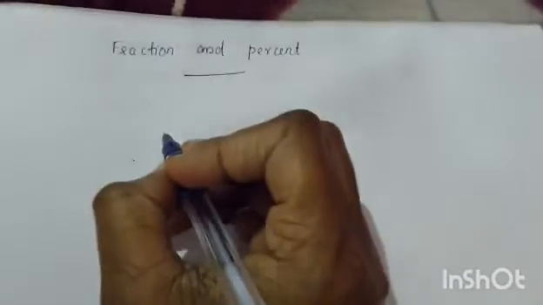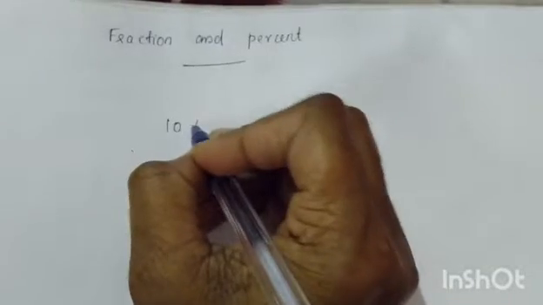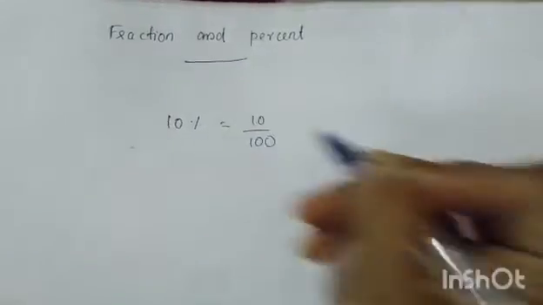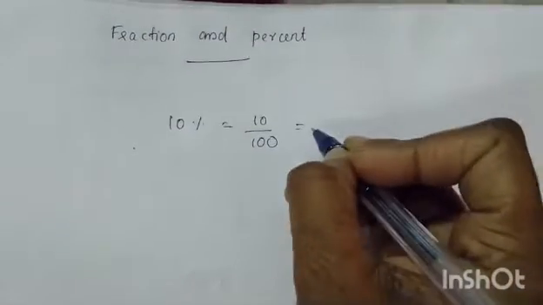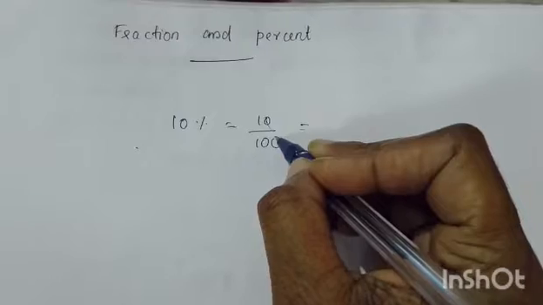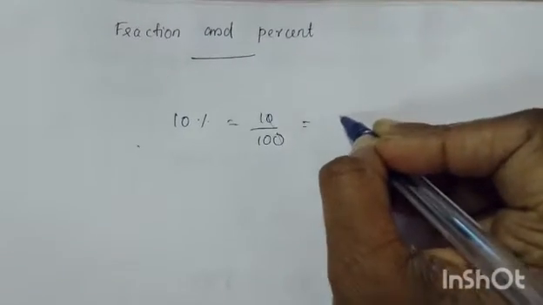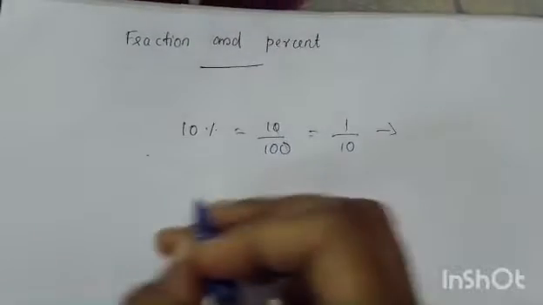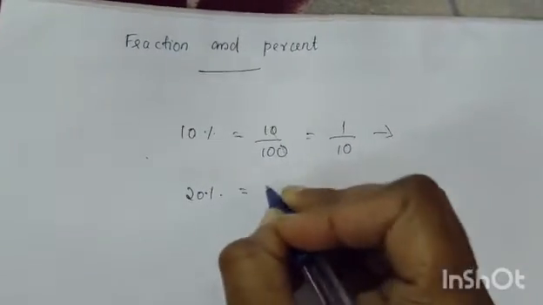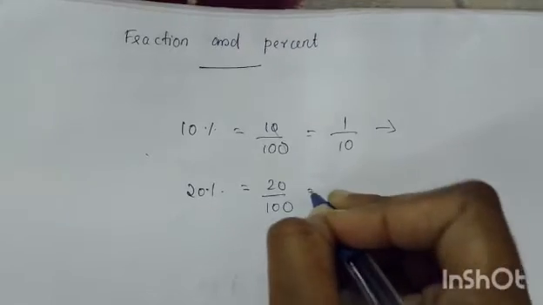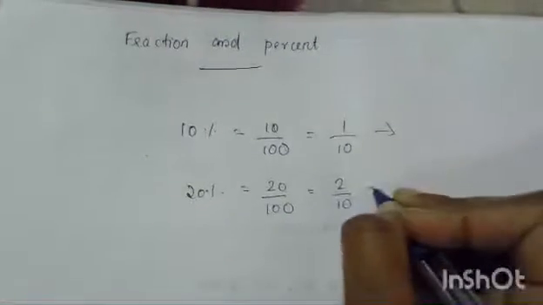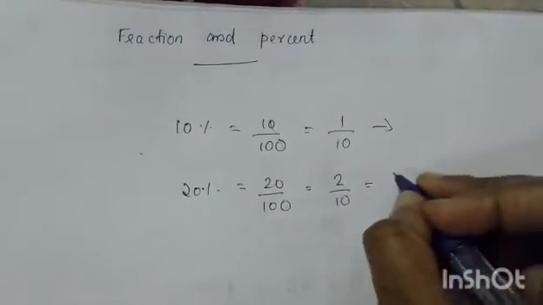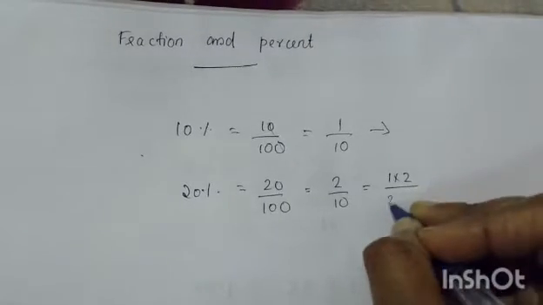Next we are explaining fraction and percent. Here we know that 10% means 10 by 100. We can convert this into a fraction, cancelling the 0 from the numerator and the 0 from the denominator, that is 1 by 10. This is the fraction form of 10%. 20% can be converted as 20 by 100, which is equal to 2 by 10. 2 by 10 can also be reduced. 1 into 2 is 2, 2 fives are 10.